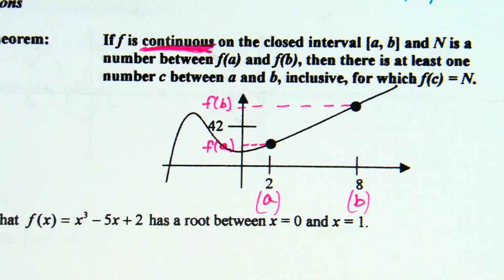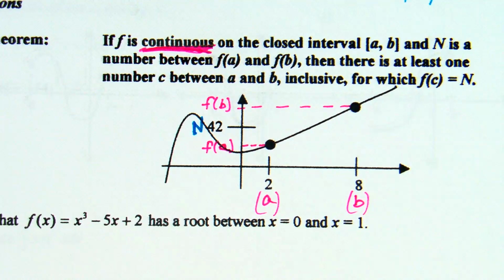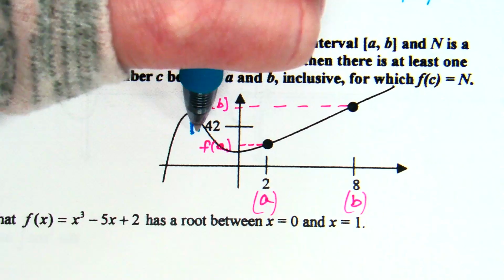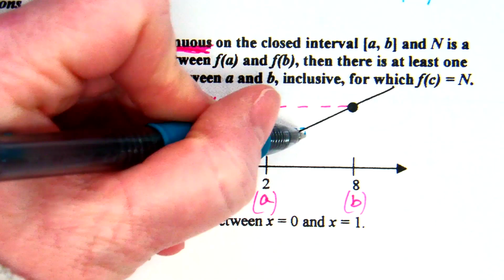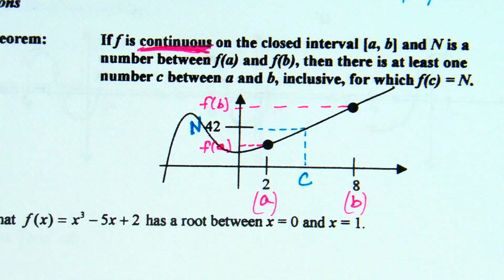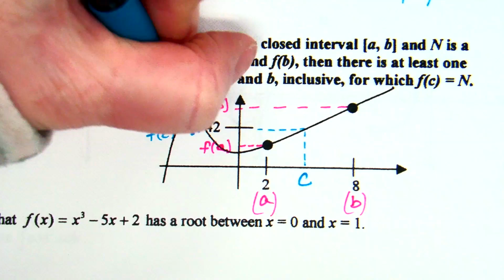So n is a number between f of a and f of b, and there's at least one number c between a and b, for which f of c equals n. Meaning, if this is n right here, where's my c value have to be? Down from here. And so the idea that f of c is equal to n.